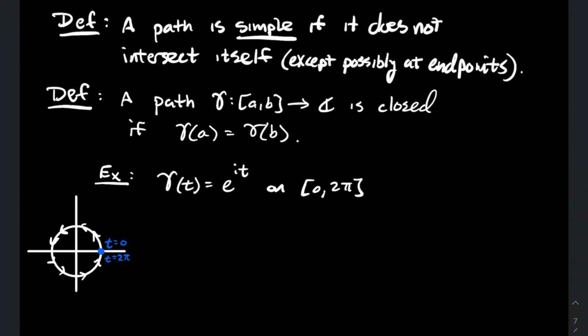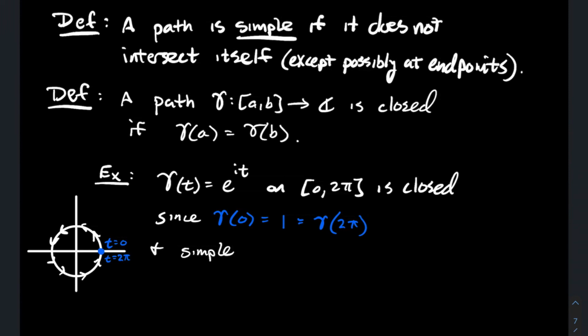Now let's do an example just to make sure we understand how these words work. I've brought back in the unit circle, e to the it, from 0 to 2 pi. The first thing I claim is that it's closed. As you see, I am at the complex number 1 plus 0i whenever t is 0, but also whenever t is 2 pi. So gamma 0 is the same thing as gamma 2 pi.